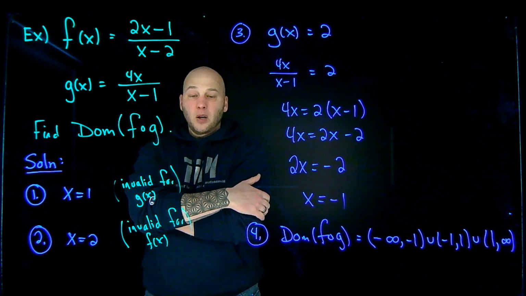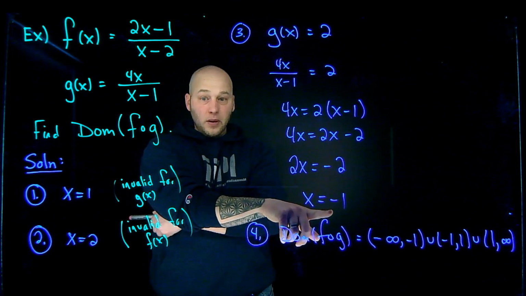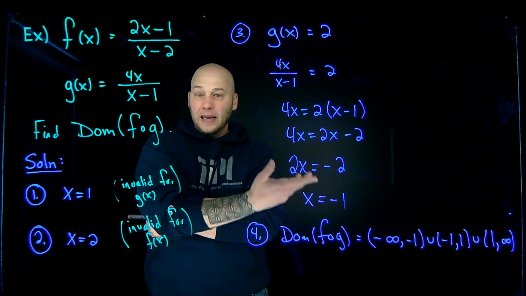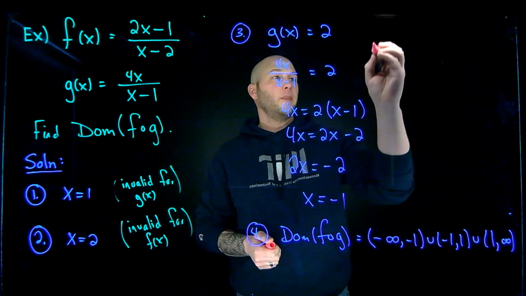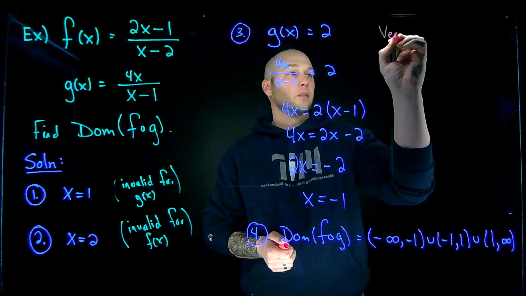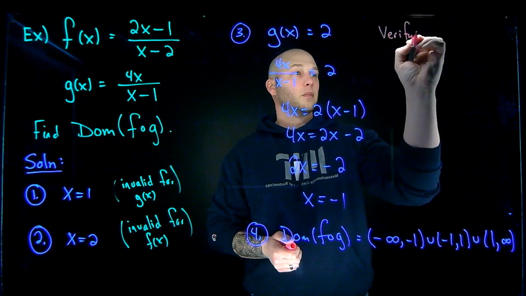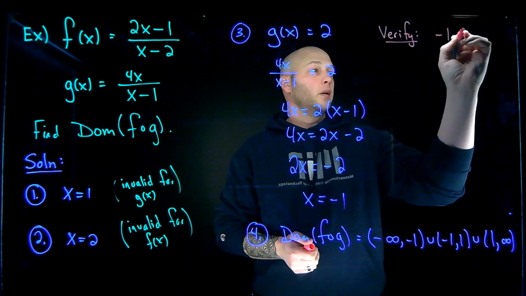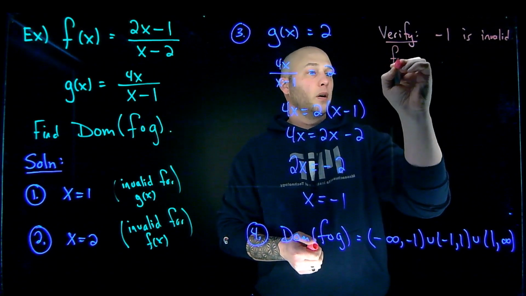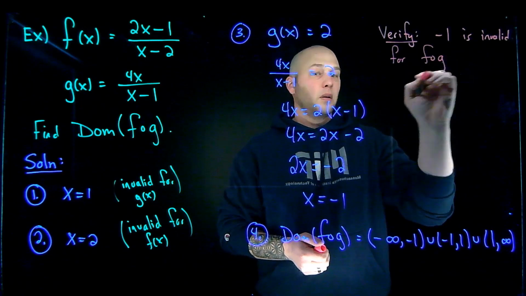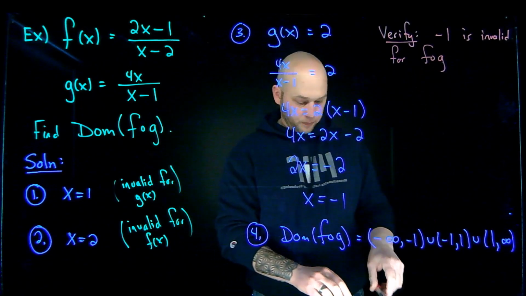But going through this procedure, I came up with negative 1 as a value that I cannot plug in. Well, let's go ahead and verify that. So let's verify negative 1 is invalid for the composition f composed with g.